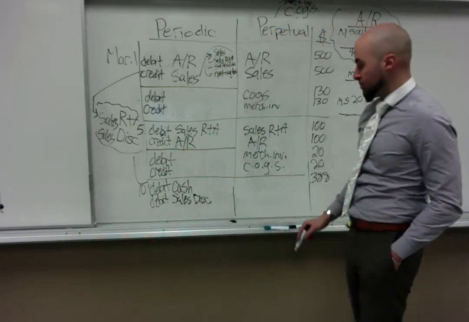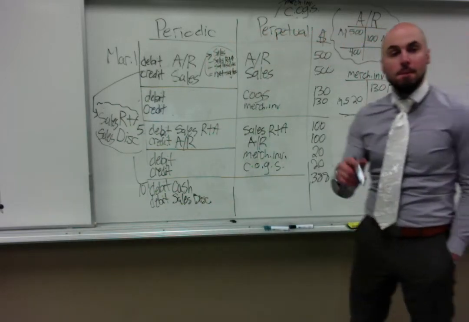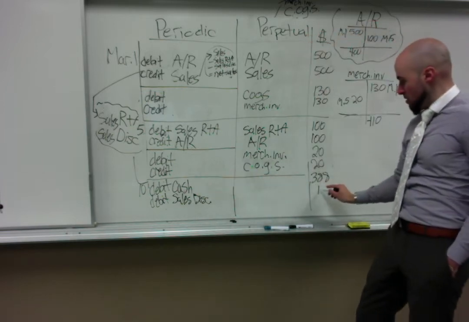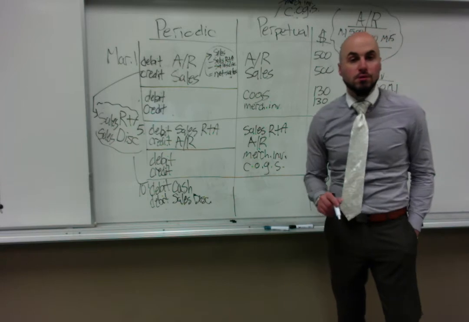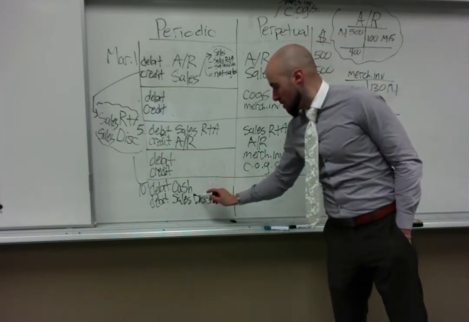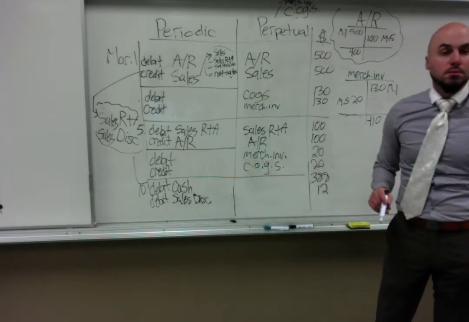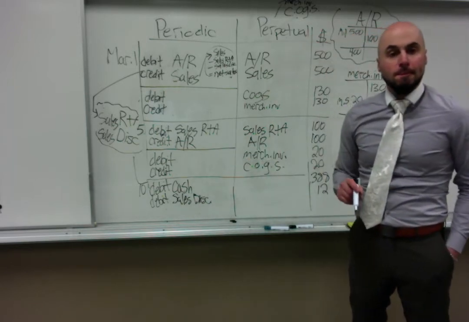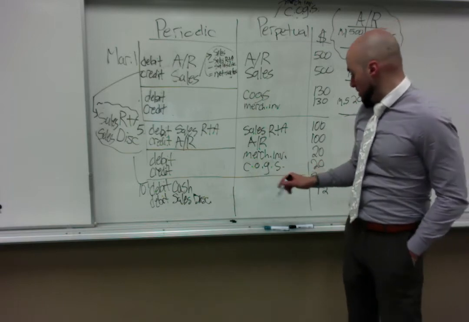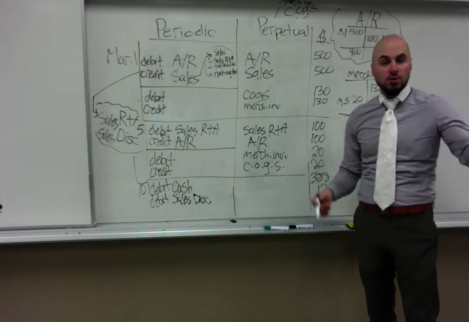Sales discount, debit it for $12. Okay? Debit it for $12. And now the debit side has $400 on it.